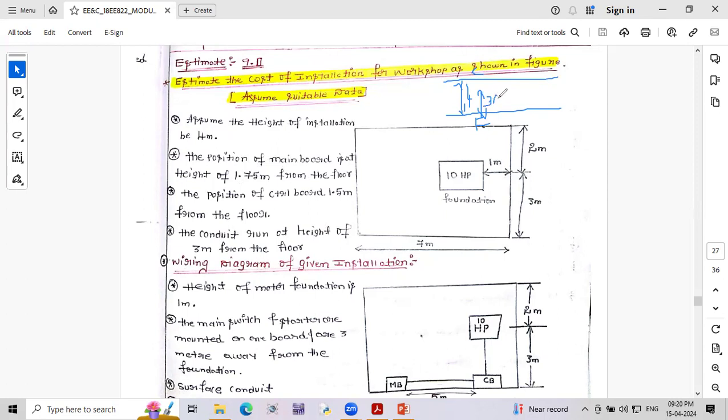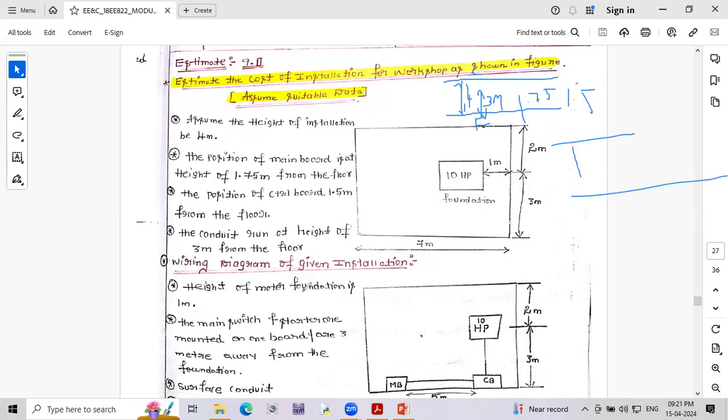Next, the main board is at a height of 1.75 meters. Finally, the control board is at a height of 1.5 meters. This is how we need to write it, in height-wise descending order.